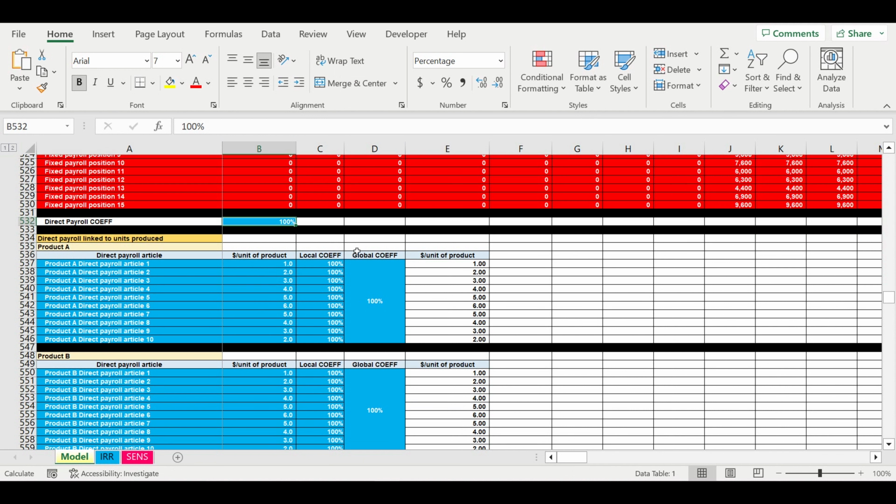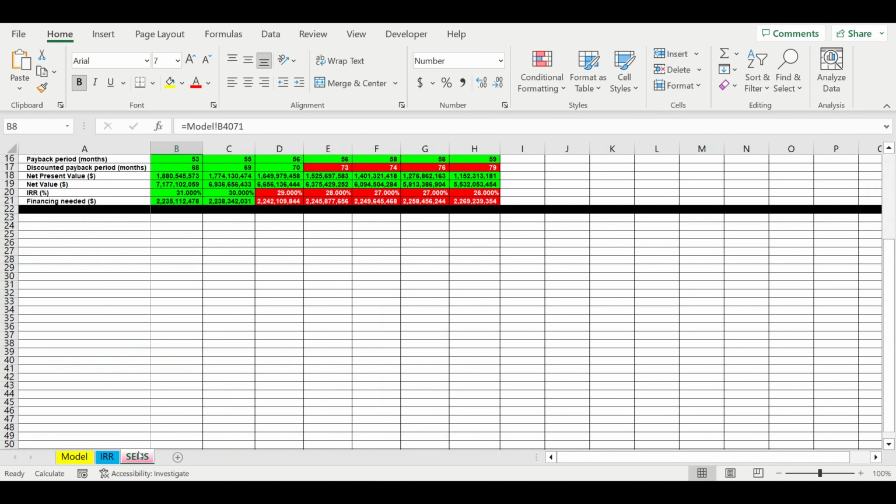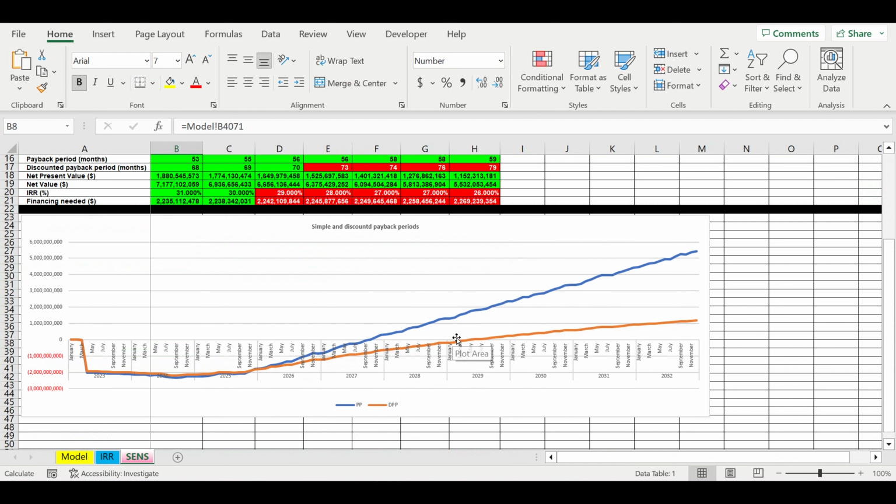So for example, what will happen if this type of payroll rises 4 times? We can simply adjust the data and see the results without manually adjusting the inputs.